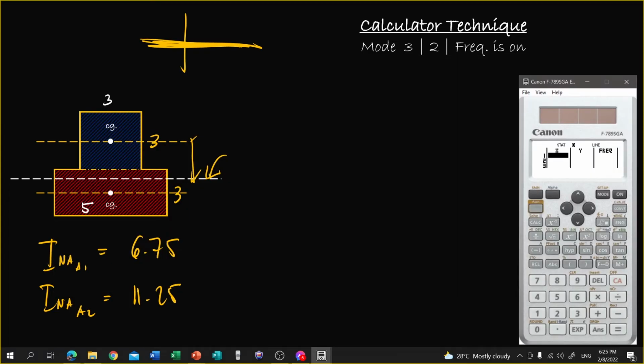Okay. So again, we input the distances of the centroid of each shape from the reference axis.